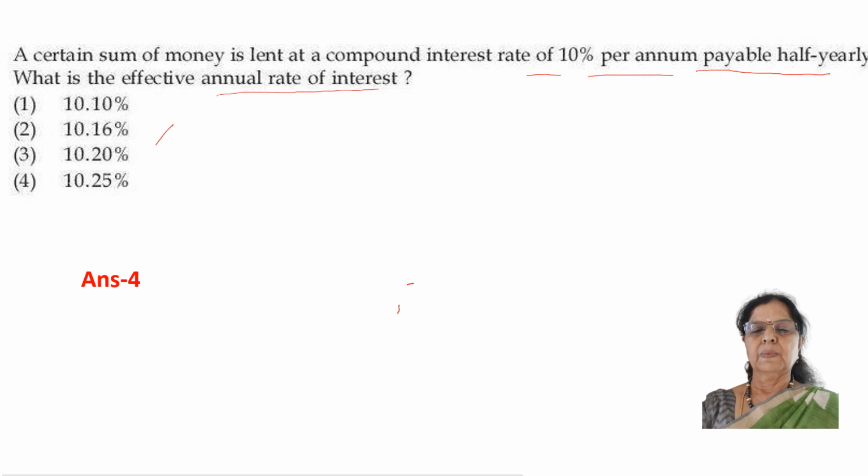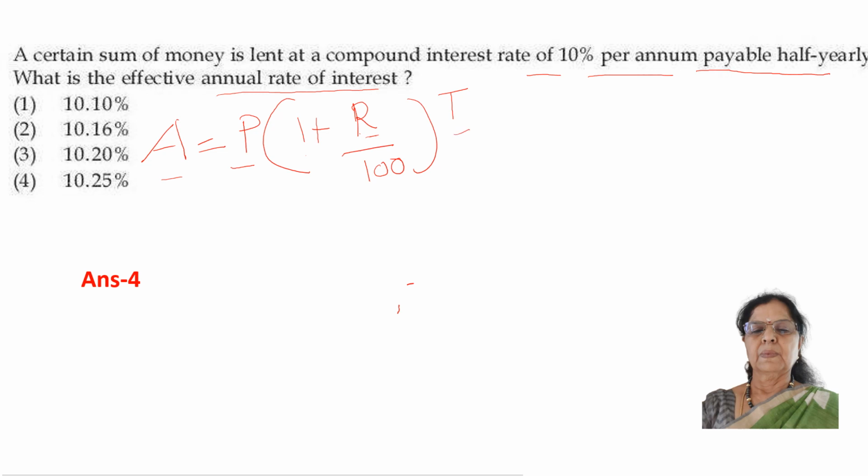It goes like this: A is equal to P into (1 plus R by 100) to the power T. This is the formula for compound interest, where A is the total amount, principal and interest, and P is the principal amount, and R is the rate of interest divided by 100.